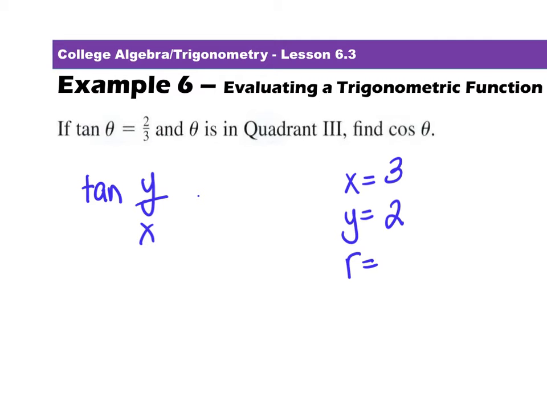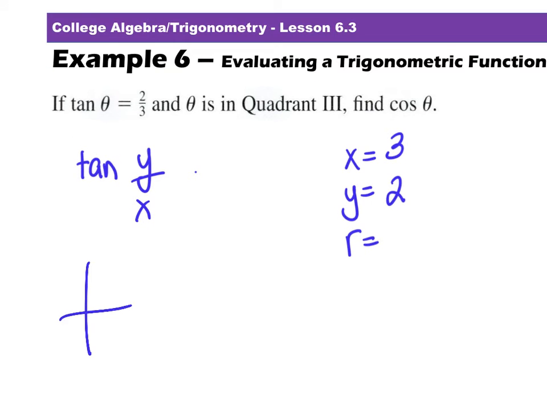So think about this, guys. If you have a triangle, and it's in quadrant 3, so it's down here. If I know that Y and X are 2 and 3, I can find the hypotenuse, can't I? Because Y and X are the legs of my triangle.